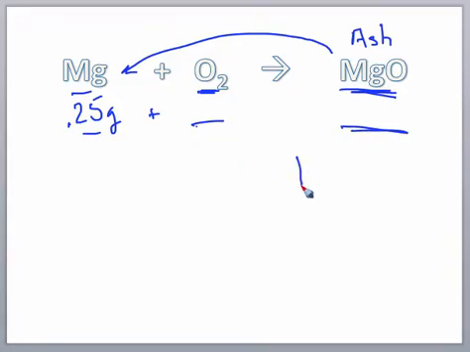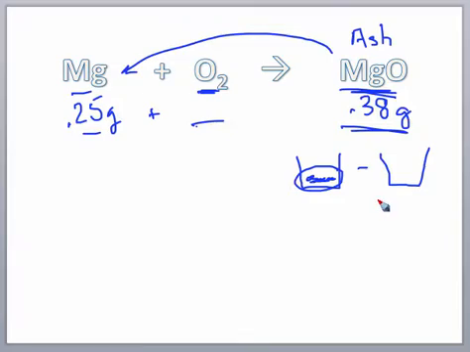So when I have that crucible and that ash is present at the end when I'm done burning it, if I subtract out just the mass of the empty crucible, that would give me the mass of the ash. And when I did that, I found that the ash had a mass of 0.3 grams. Now notice, this mass has to be bigger than the magnesium mass.